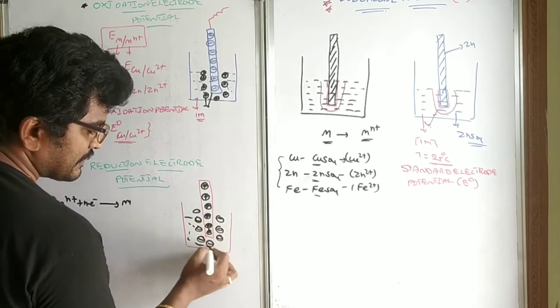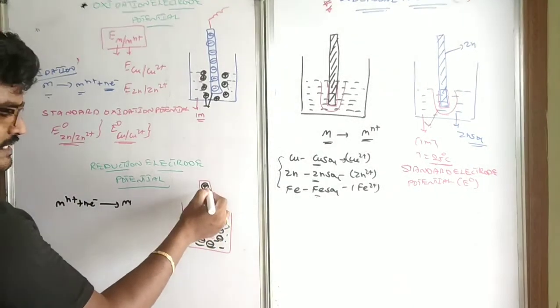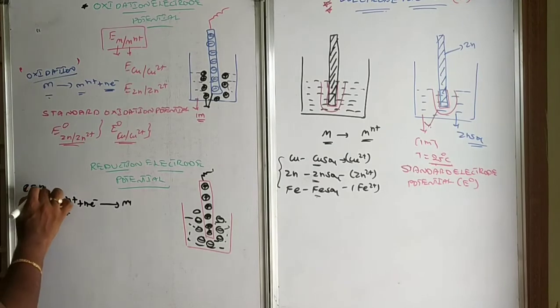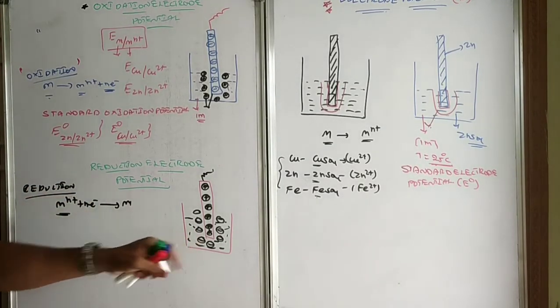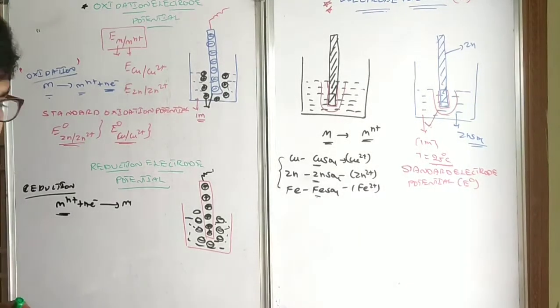So the negative charge is surrounding the electrolyte and the electrode will be positively charged. Because of the reduction reaction, the potential difference that arises is known as the reduction electrode potential.